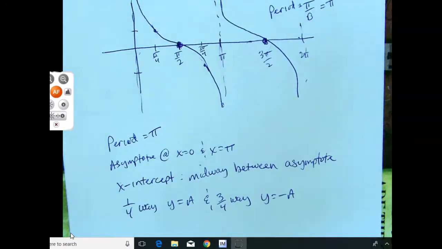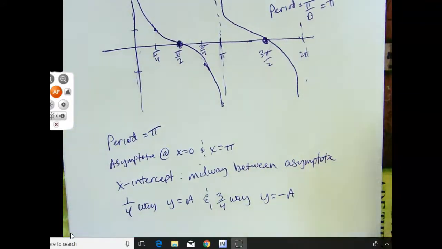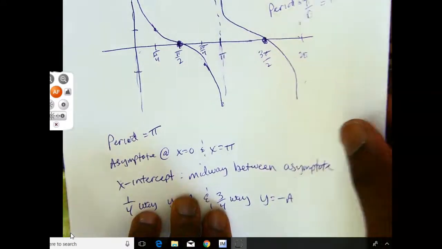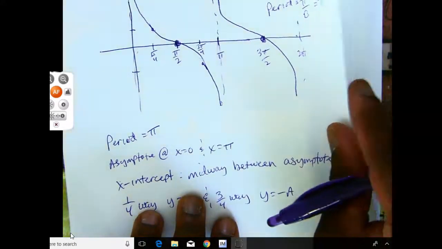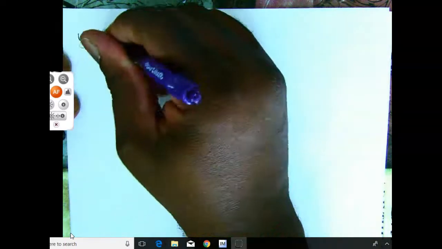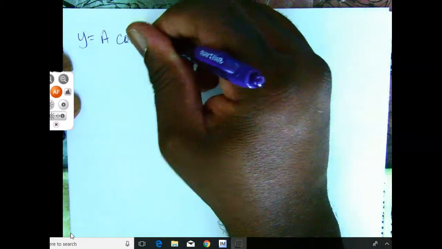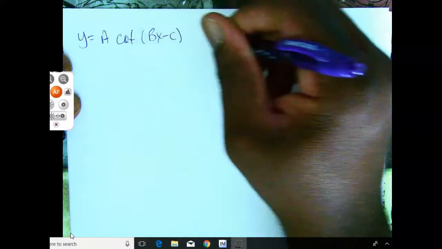Okay. So now let's take a look at graphing y is equal to a times cotangent of bx minus c. So what does that yield? So y equals a cotangent of bx minus c.